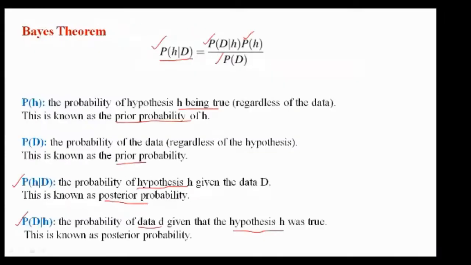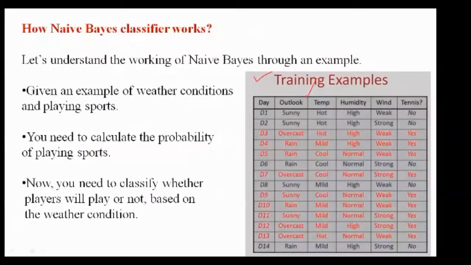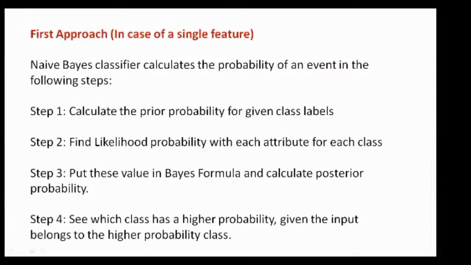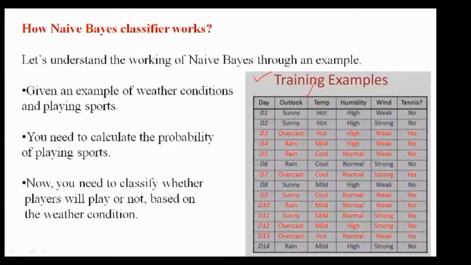The temperature is also mentioned for these days, may be hot, mild, cool. So three types of temperatures are there for each day. Then humidity, whether it is high or normal. Then wind condition is given, that is weak or strong, and this is the output.